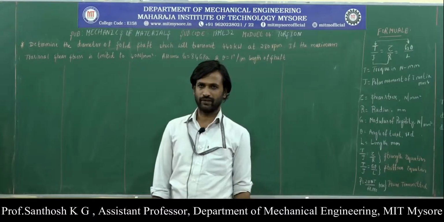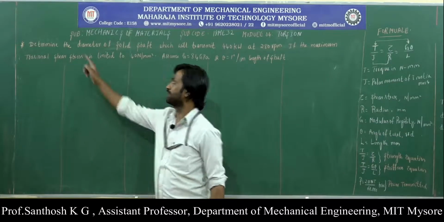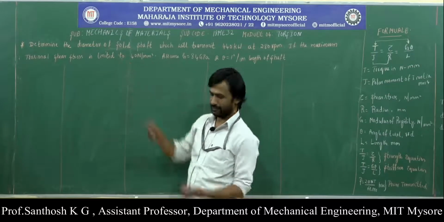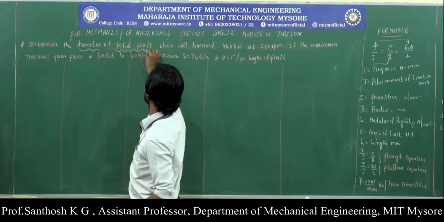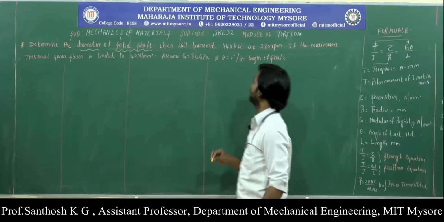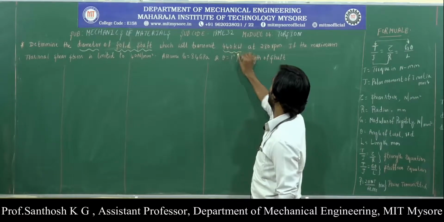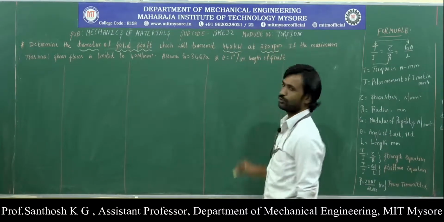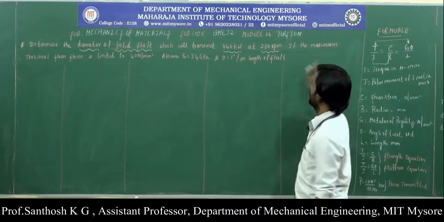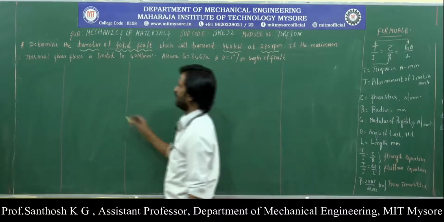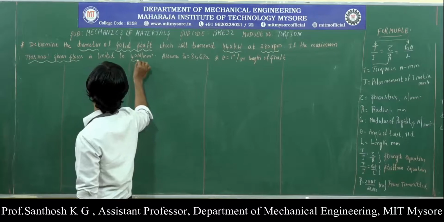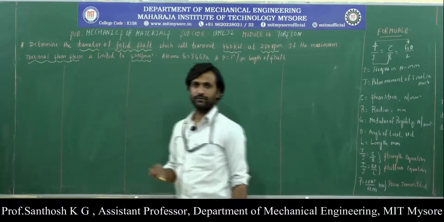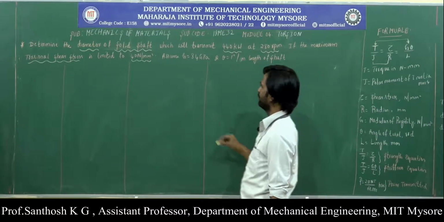The problem given is like this: determine the diameter of a solid shaft which will transmit 440 kilowatt at 280 rpm if the maximum torsional shear stress is limited to 40 Newton per mm square.